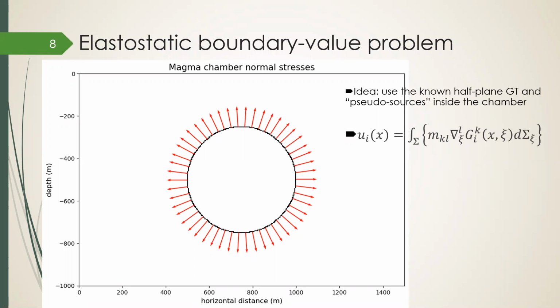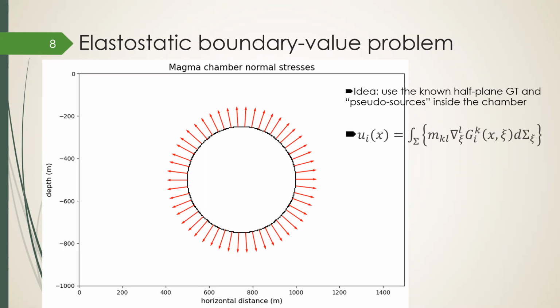But we can cheat. We will try to sort of continue our solution domain inside the chamber. Because we don't care what's inside the chamber, that's not part of our domain, it's not part of our problem. We have complete freedom of doing whatever we want there.